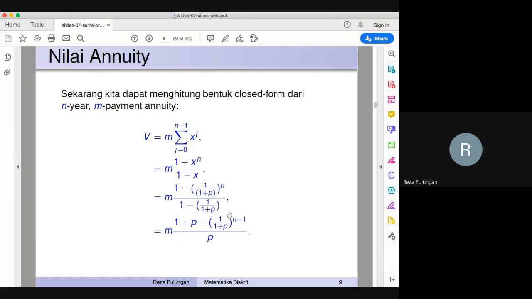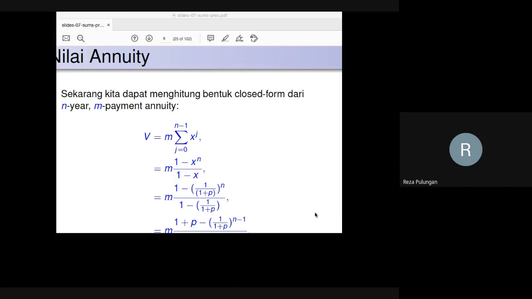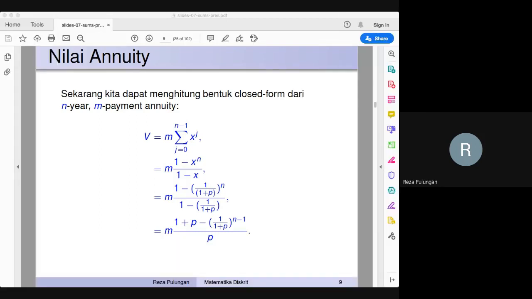So this is basically our example. Let's see whether we understand this. Let's say that someone asks you this one. I'll give you an annuity.